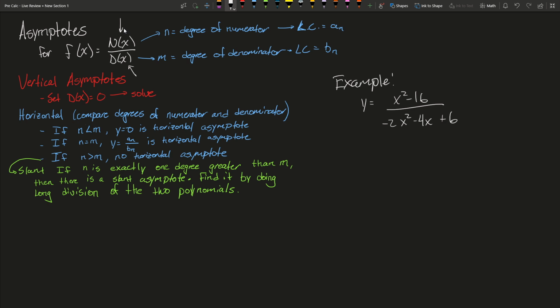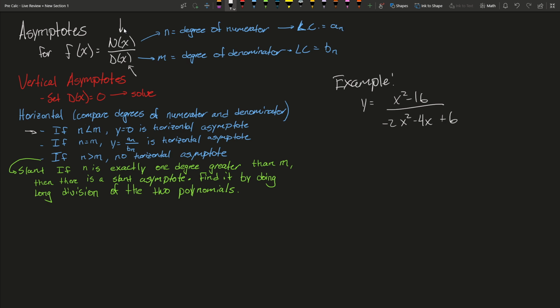And horizontal asymptotes depend almost solely on the degree of the numerator and denominator. So all we're doing for horizontal asymptotes is comparing the degree of the numerator and the degree of the denominator. If the degree of the numerator is less than the degree of the denominator, I'm on the first one, then y is equal to 0 is the horizontal asymptote.